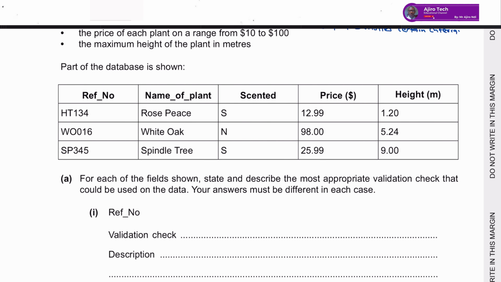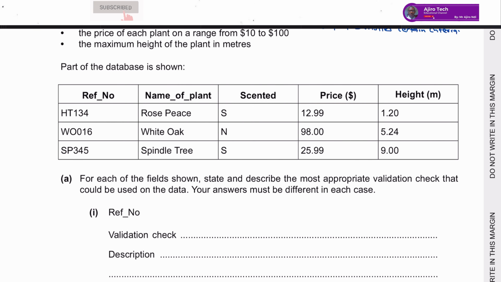The format check checks that the data entered is of the correct format. Present check ensures that data has been entered into the field and is not left empty. Check digit is an extra digit added to the number, which can be calculated from every other digit.